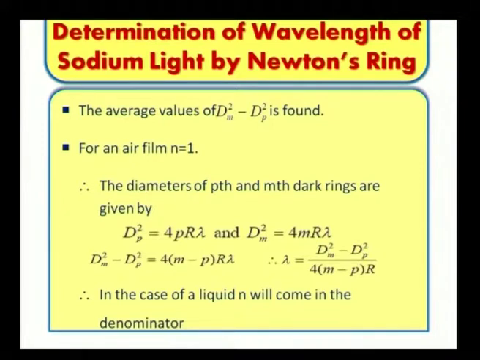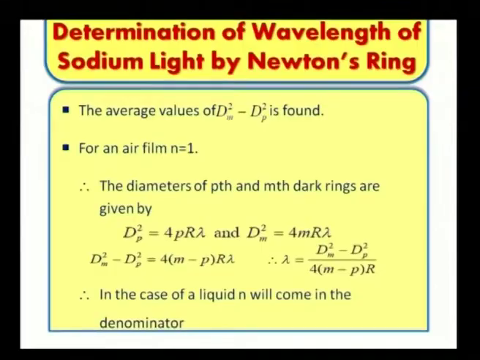If n comes in the denominator, what do you understand? What about the refractive index of water? Is it 1 or greater than 1? Water or any other liquid medium is a denser medium. Glass is 1.5, the denser medium, and water comes in between air and glass. You can determine the refractive index of water by other methods, which you would have done by now.